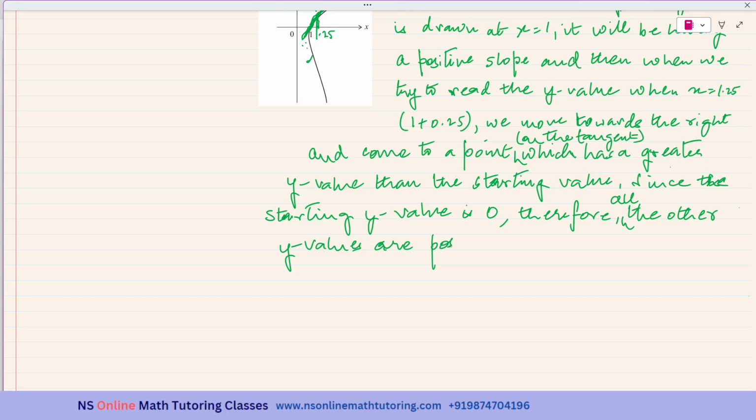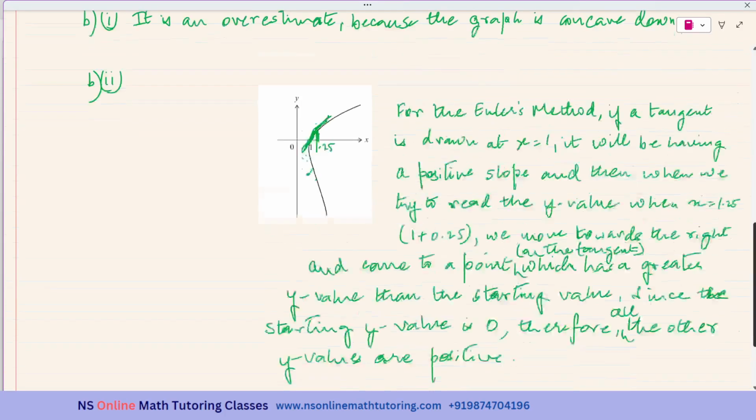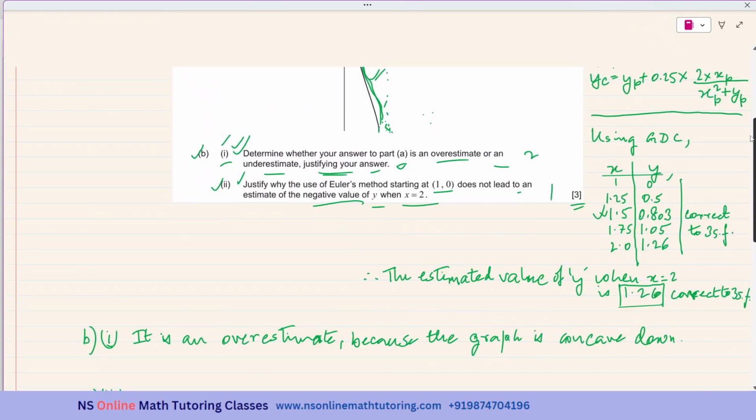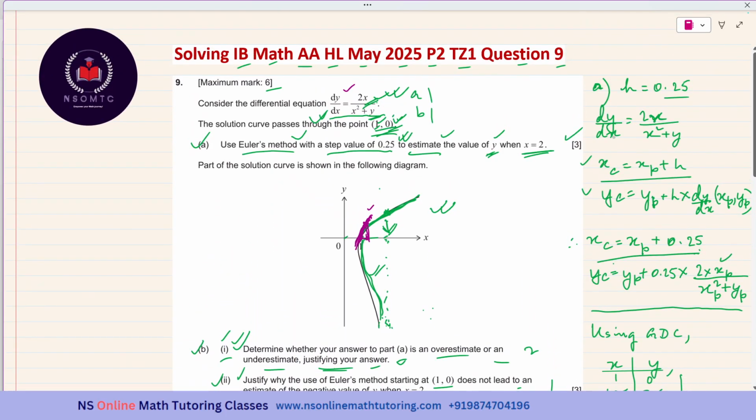Okay. So this is what you have to write. It carries just a single mark. So we have completed solving this question.